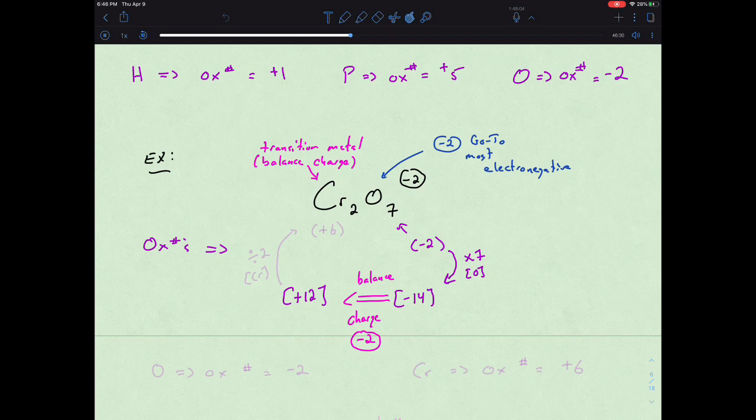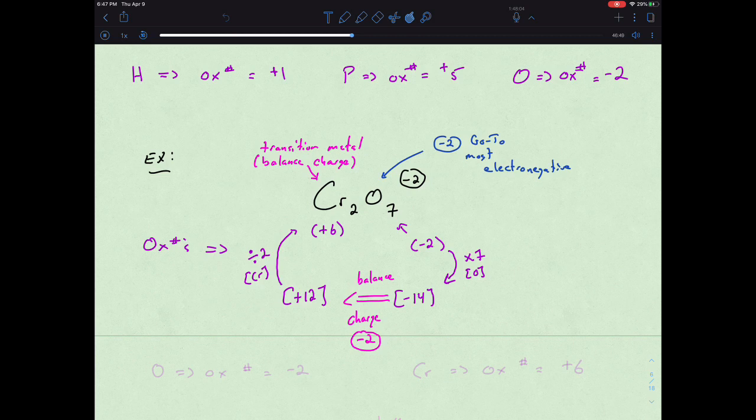And then in going back to the oxidation number individual, we would have to divide by 2 since there are 2 chromiums there. So each one would have an oxidation number of +6.